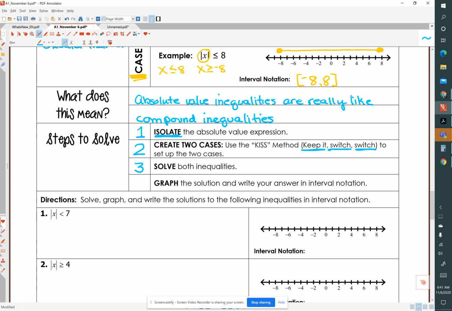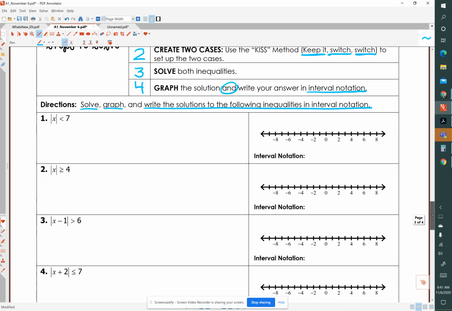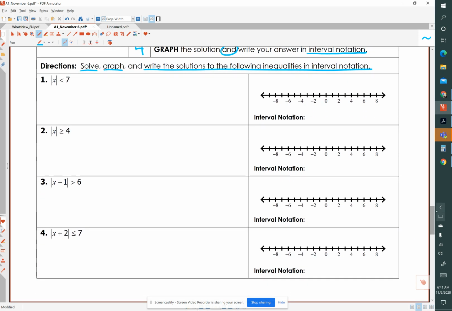Then we solve both inequalities, graph the solution, and write the answer in interval notation. So that's what we're going to do with these next problems. We're going to solve, graph, and write the solutions in interval notation. So let's get started. We'll do a couple, and then we'll see if you can do a few on your own.